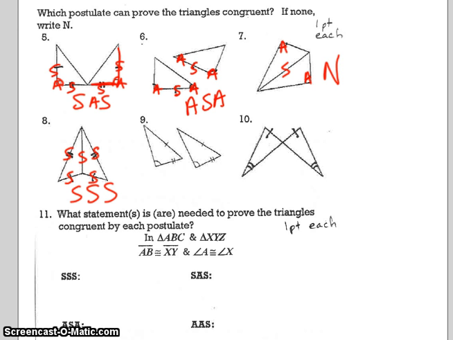Number 9, we have an angle, a side, and another side. Now this one there's no information. This one is N because there is no angle, side, side, or side, side, angle. We still don't know about this theorem. The angle has to be included for side, angle, side.